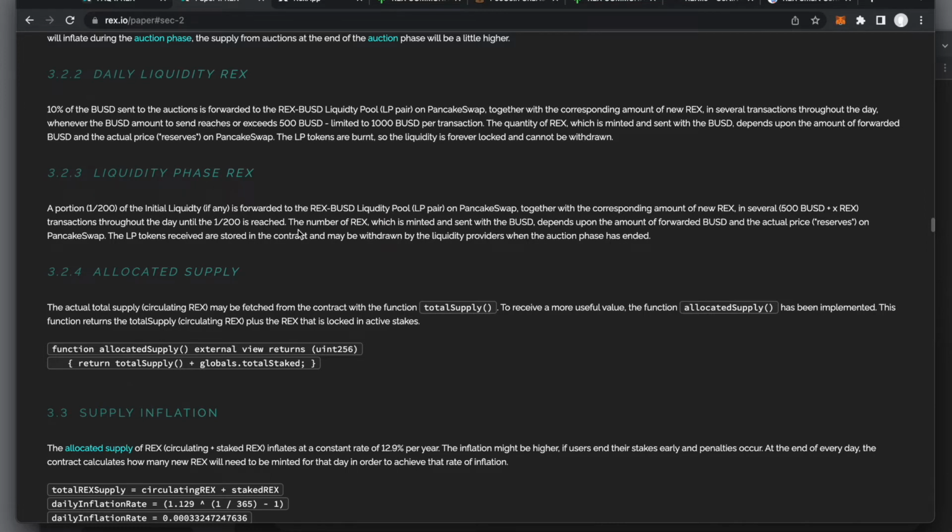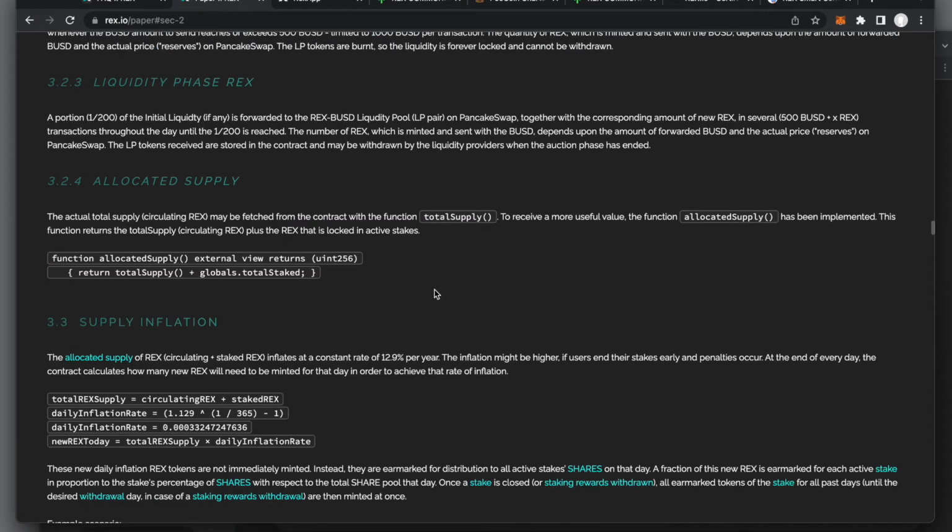That liquidity belongs to us, to those of us who have put in BUSD. So at the end of that 222 days, we will be able to start withdrawing that liquidity 10% at a time, as I've already discussed.